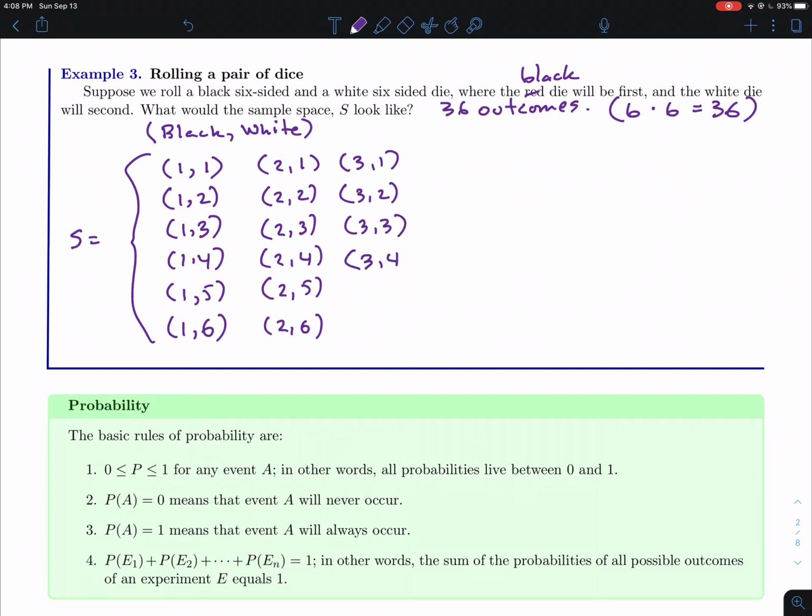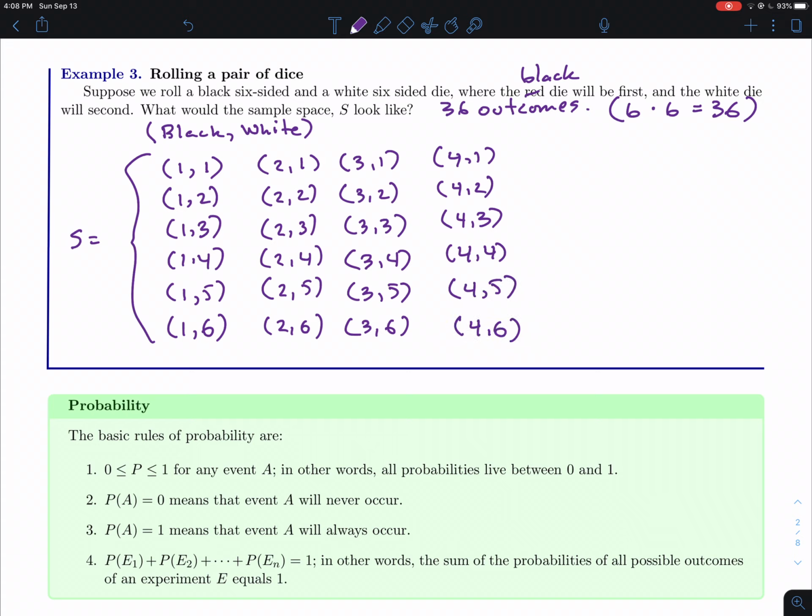But these are important because it's nice to have these sample spaces written somewhere, because the last thing you want is to have to recreate these every single time, because again, these are really good problems that you can get asked questions about. So it's nice to have easy access to the information.